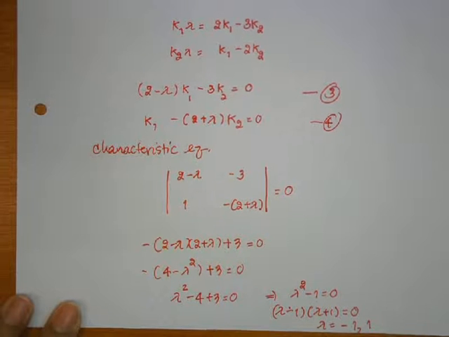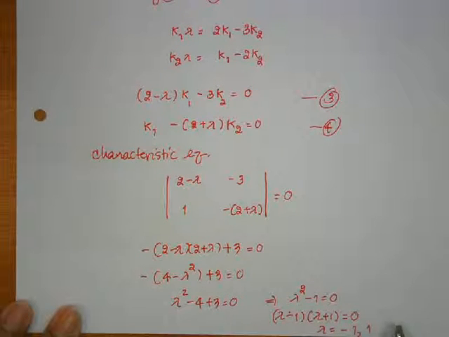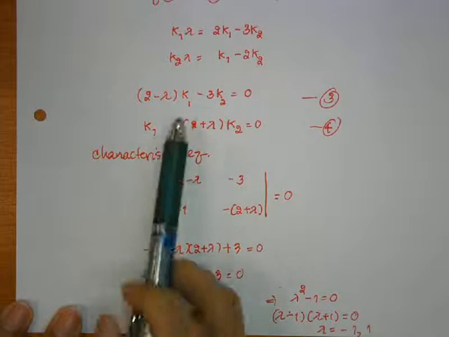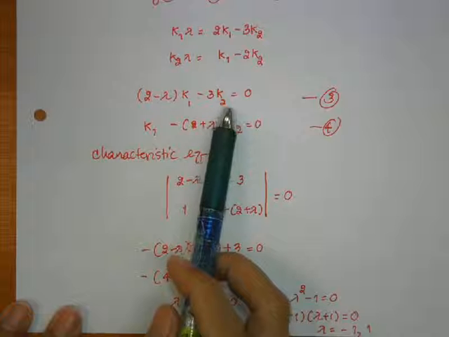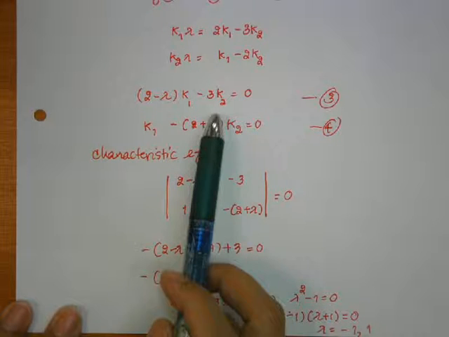From this, the next step is finding the values of k. We would get two sets of k. The way that we get k is by plugging the value of lambda into either equation 3 or 4.